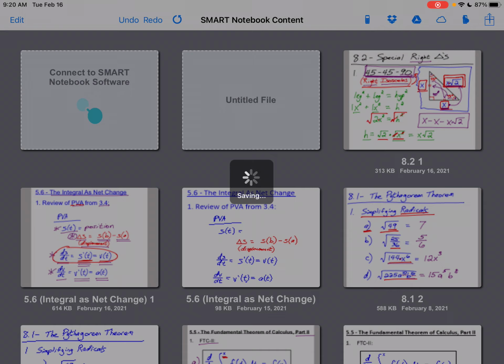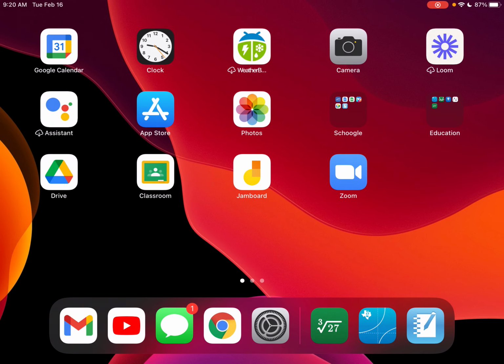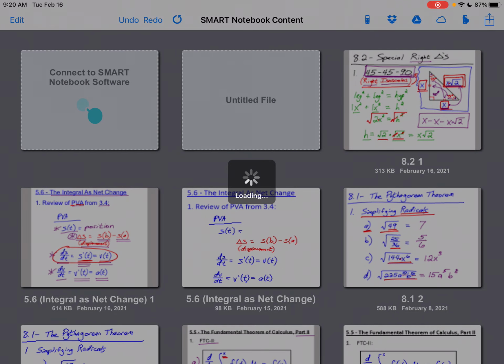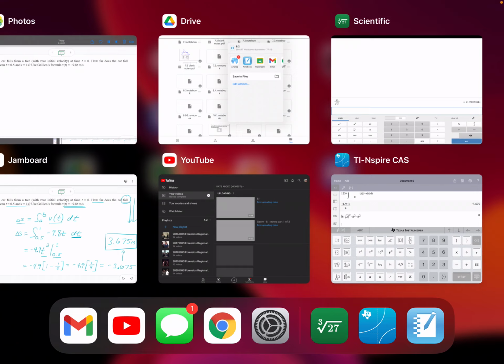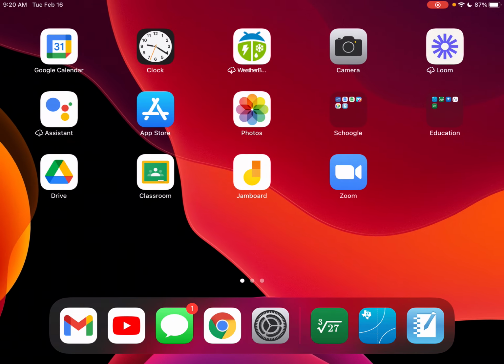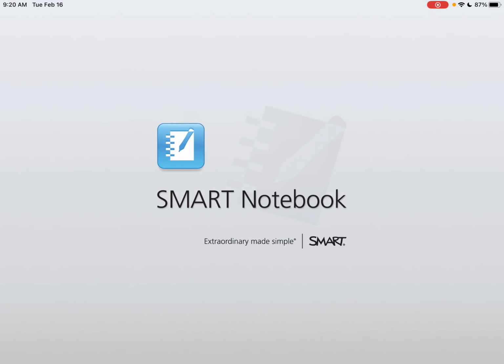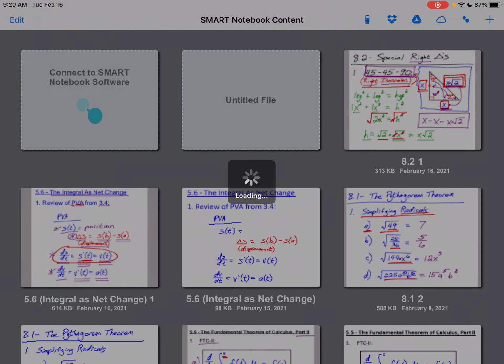We'll give it another second, and if not, I'll just shut down this app and then open it back up. Okay, good stuff. All right, so let me see if I do this and then head back to it. Nope, same problem. So let's try just shutting that app down and then seeing if we can open it back up and seeing what happens now.